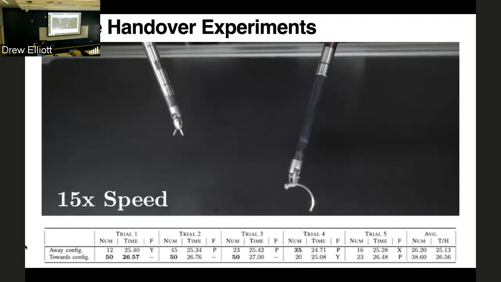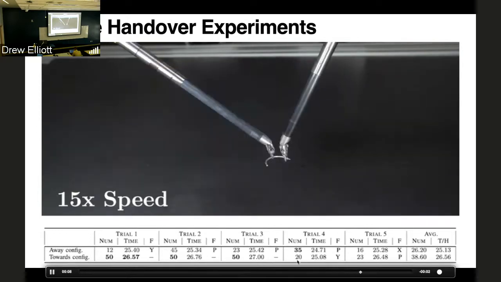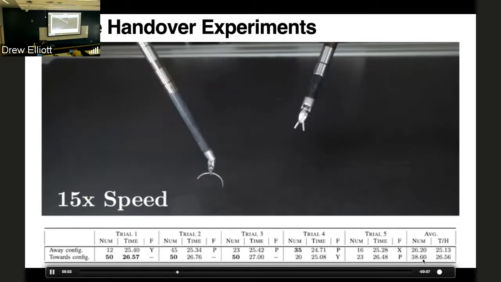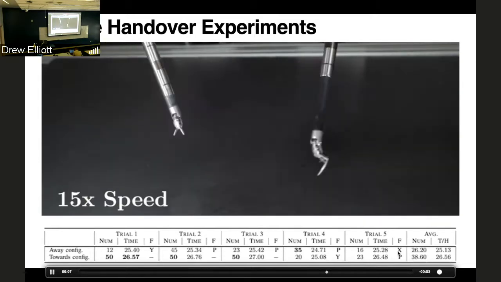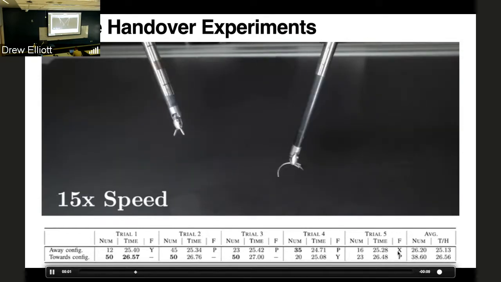You can see at the bottom here, 50, 50, 50, 20. I think that was not out of 50, but these are very, very good results.